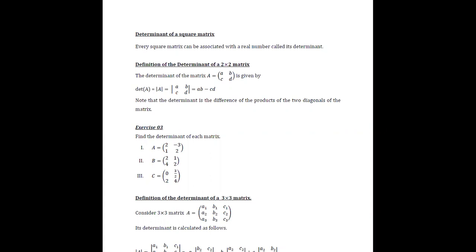Therefore, if you are given a square matrix, you are obtaining an equivalent real number associated with the given matrix, and it is said to be the determinant of the matrix. For a 2 by 2 matrix, there is a simple method for obtaining the determinant.